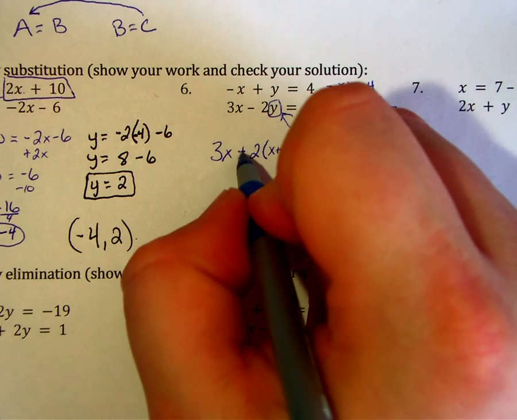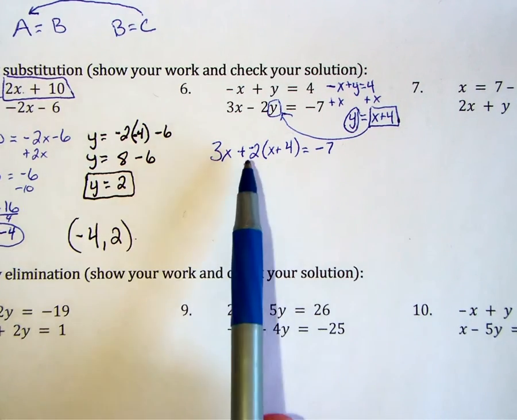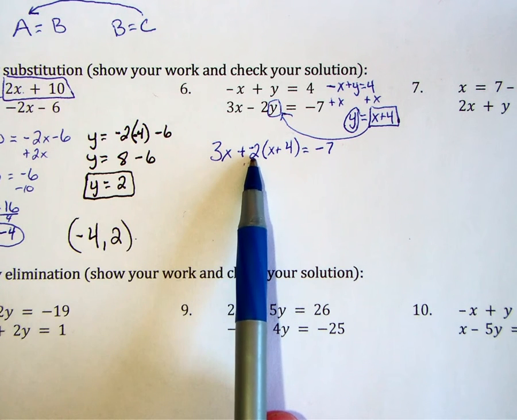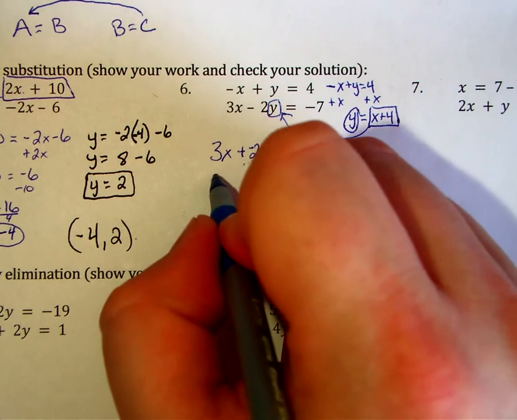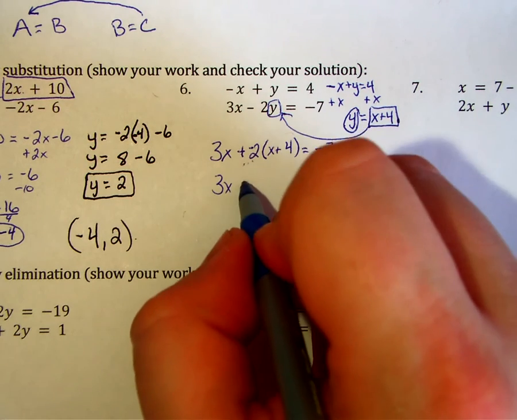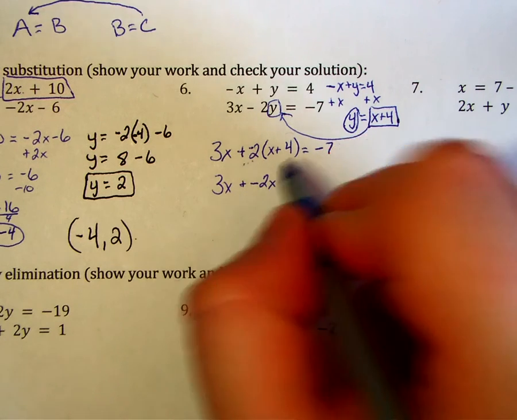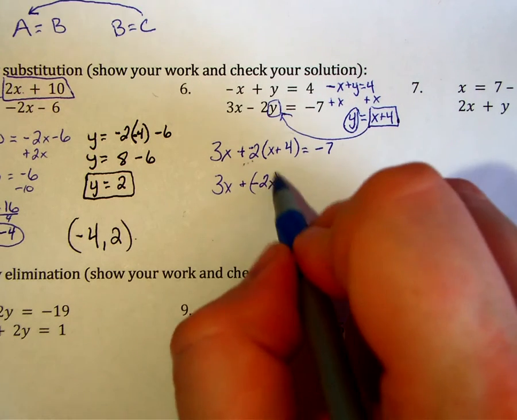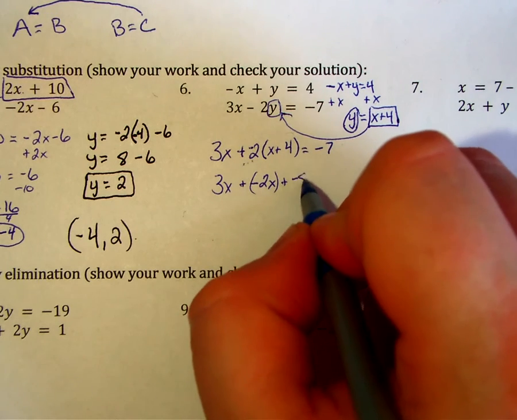So you will add the opposite. That just helps us to remember we have a negative 2 sitting in front of the parentheses. It's the negative 2 that's getting distributed through the parentheses. So 3x plus negative 2 times x, which is negative 2x, plus negative 2 times 4 is negative 8.